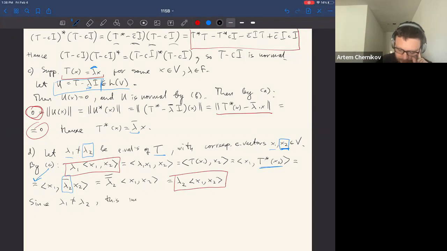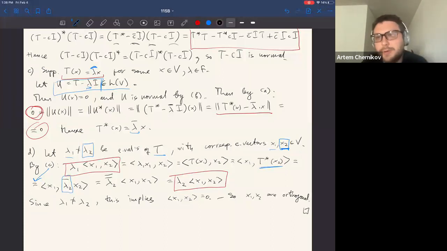So this implies that the inner product of x1, x2 is equal to 0, right? And this precisely means that they are orthogonal, right? So x1, x2 are orthogonal vectors. Okay, so this concludes the proof of the last part of the theorem D.